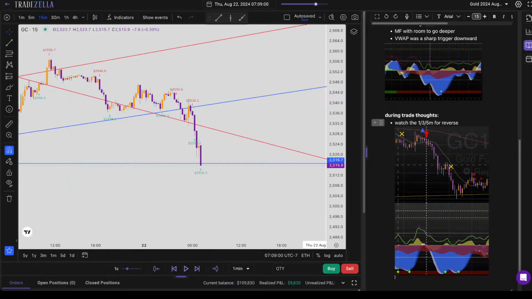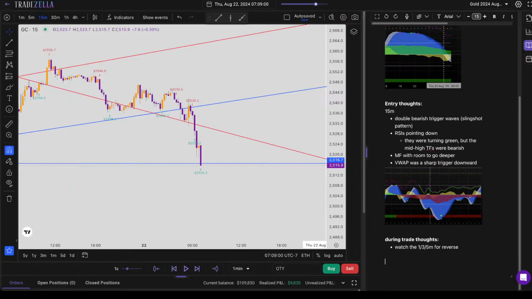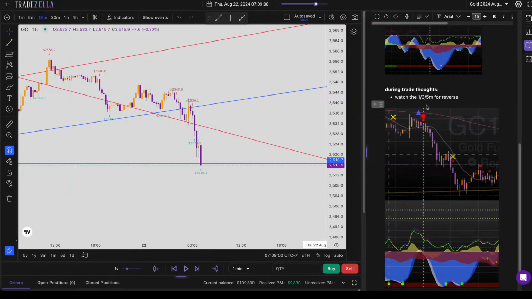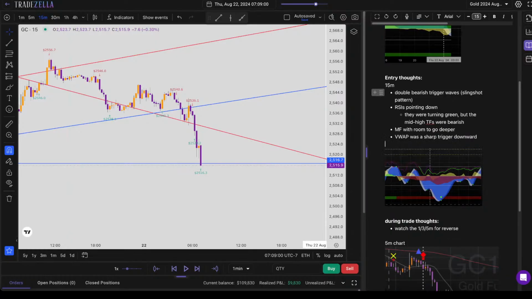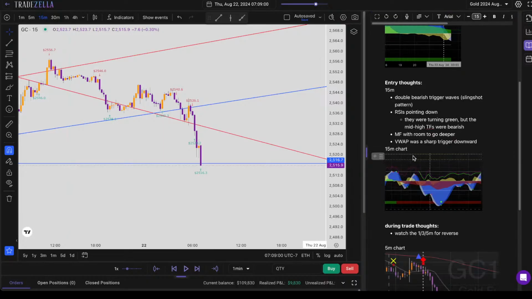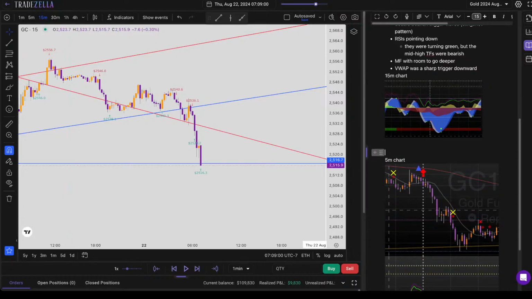You can't be serious. All right, here we go. So, looking at the 5 minute chart here. Looking at the 15. Looking at the 6 hour. I mean, really, this was still part of the entry.